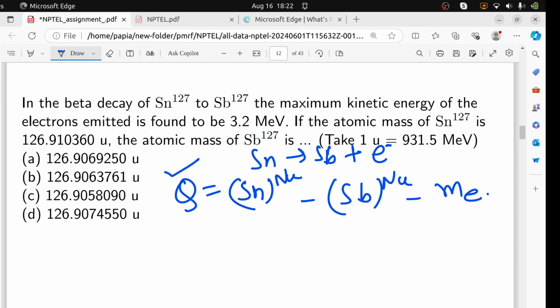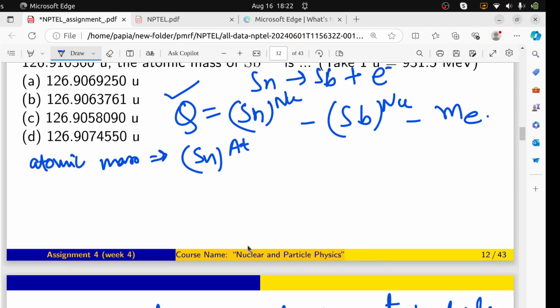Let's say I am writing atomic mass as Sn AT, where AT denotes atomic mass, and Nu means the nuclear mass.